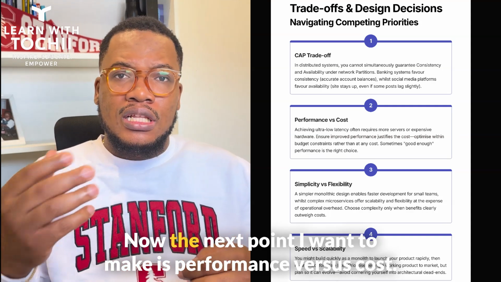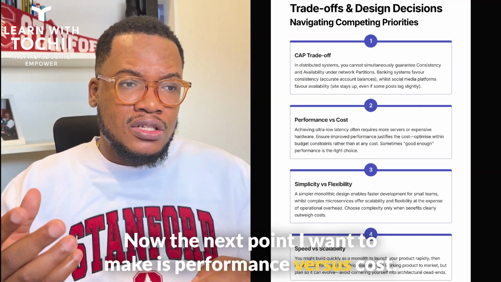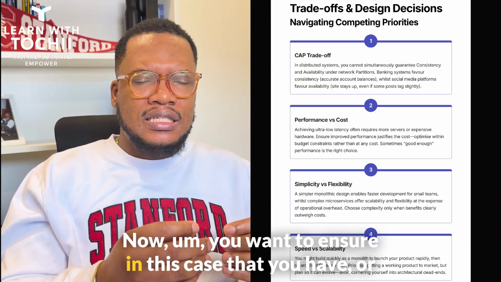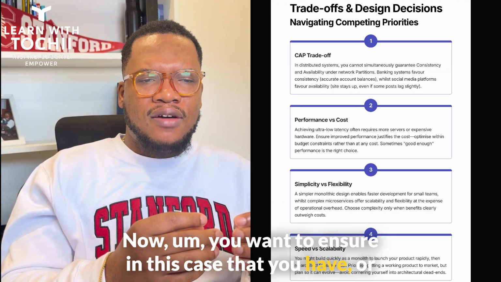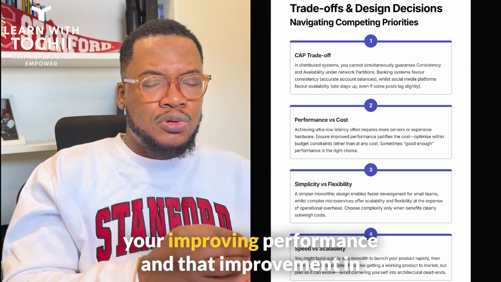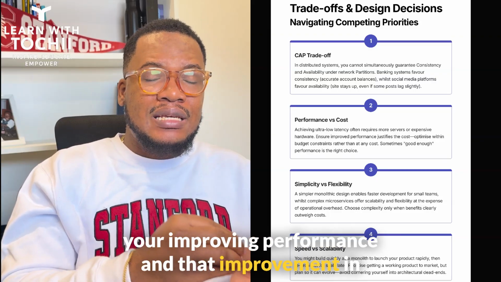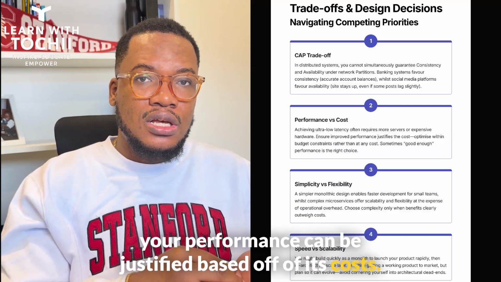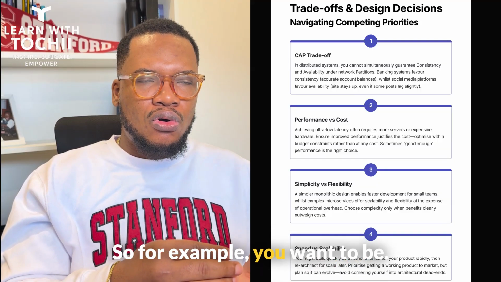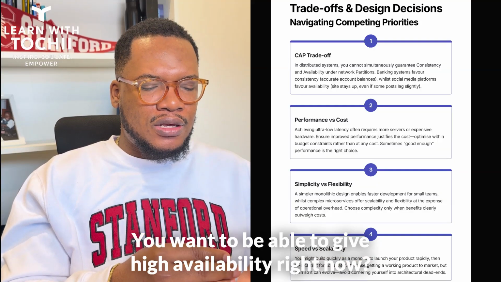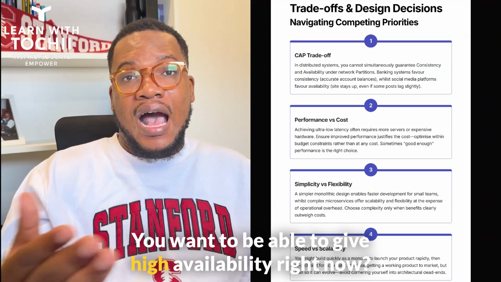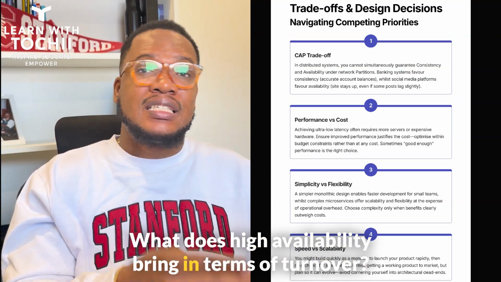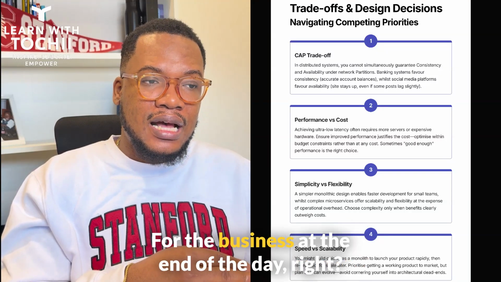Now, the next point I want to make is performance versus cost. You want to ensure that you're improving performance, and that improvement in performance can be justified based off of its cost. For example, you want to be able to give high availability, right? Now, what does high availability bring in terms of turnover for the business at the end of the day?